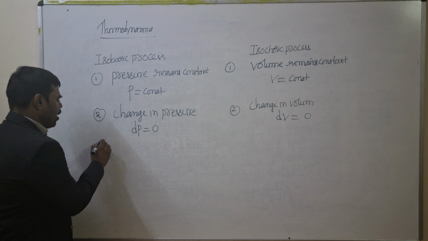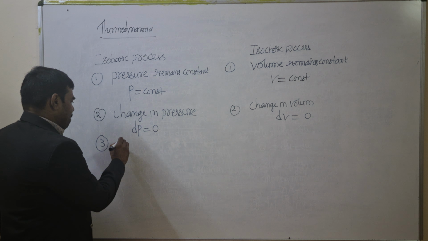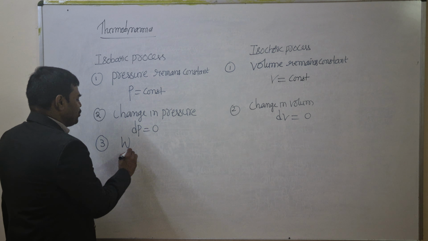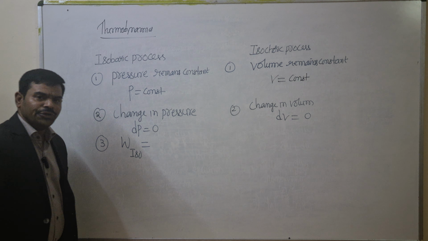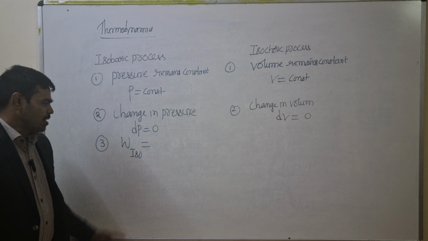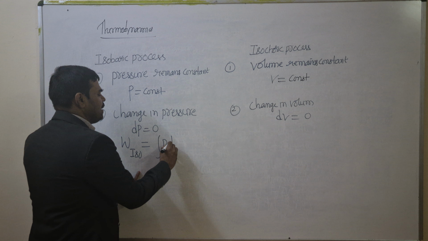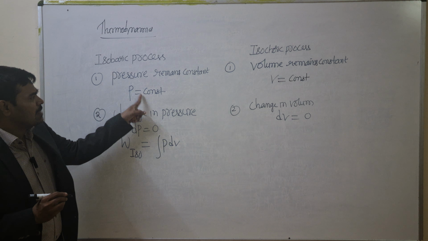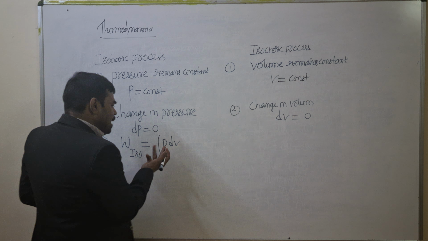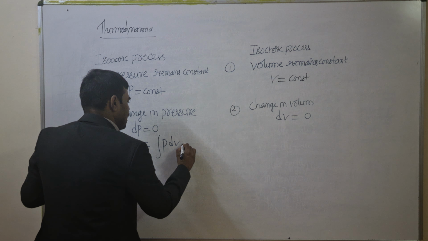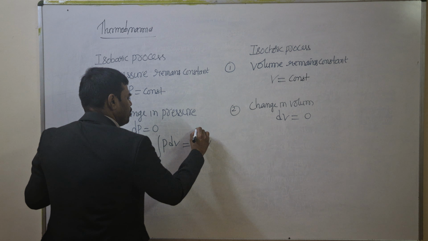Now, the third point is the work done during isobaric process. Basically, the work done formula is integral PdV. In this process, pressure is constant, so P comes out of the integral, P into integral dV, with limits V1 to V2.